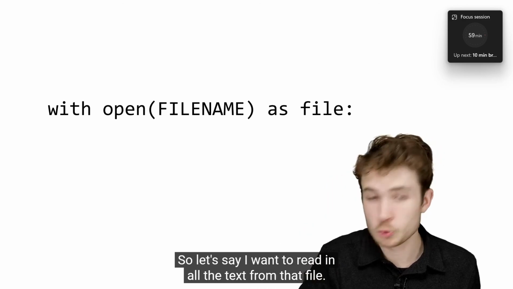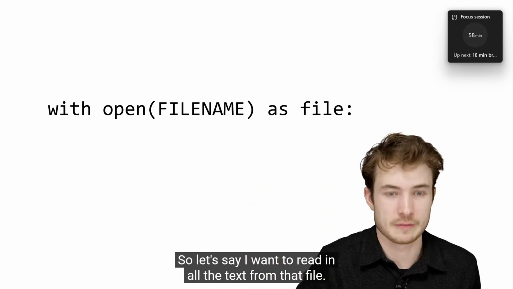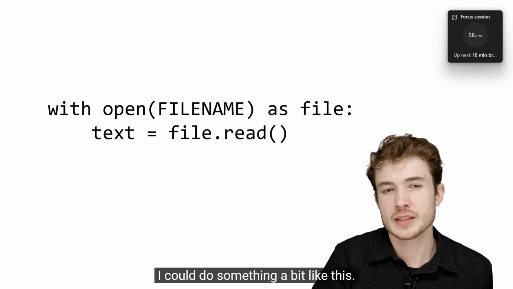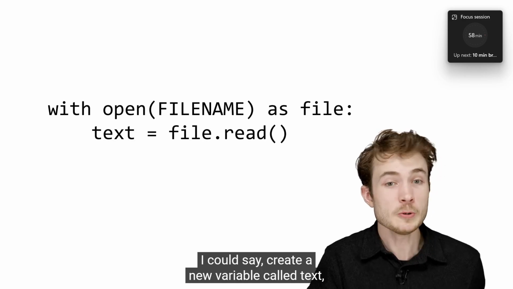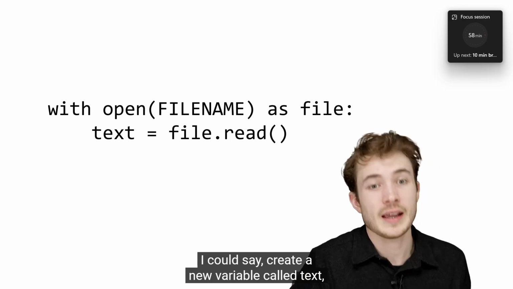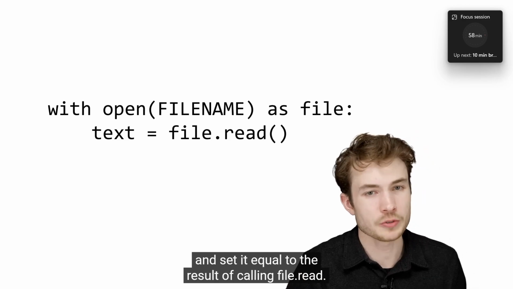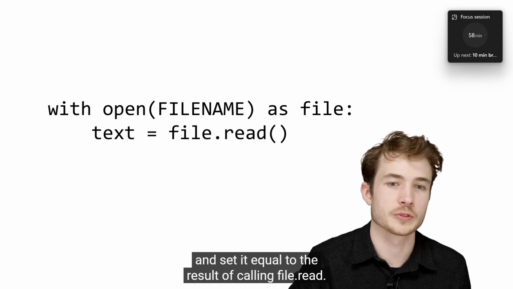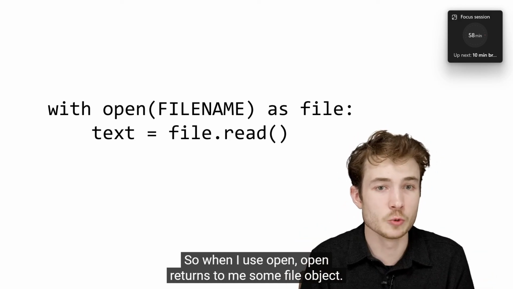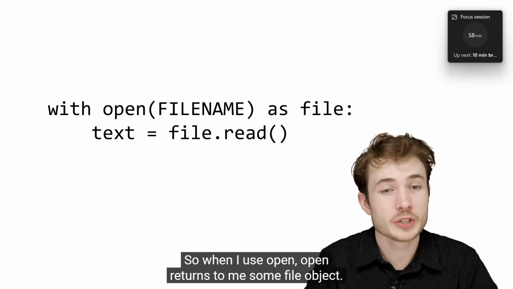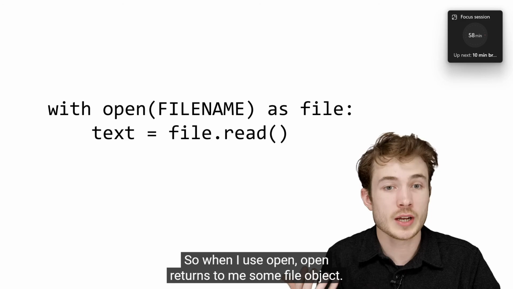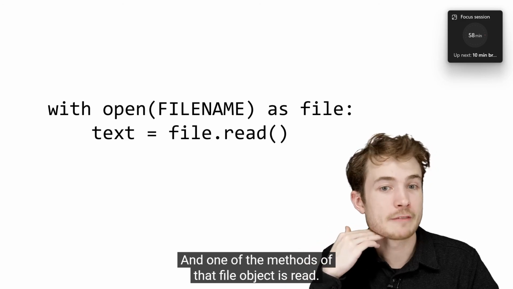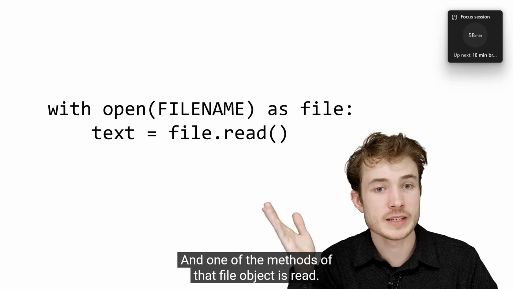So let's say I want to read in all the text from that file. I could do something a bit like this. I could say, create a new variable called text and set it equal to the result of calling file.read. So when I use open, open returns to me some file object, and one of the methods of that file object is read.